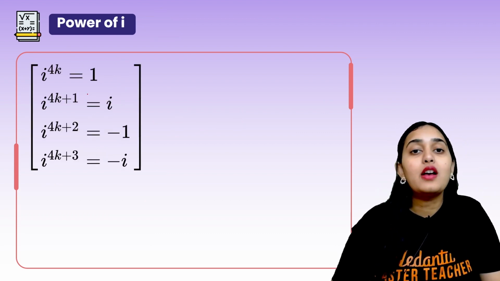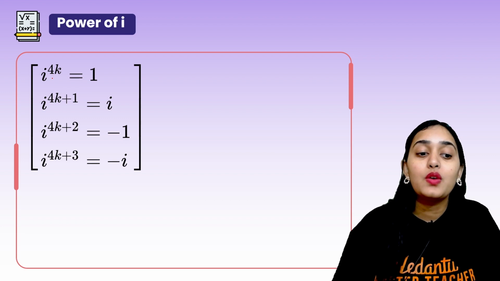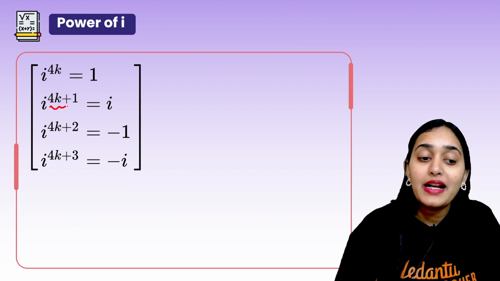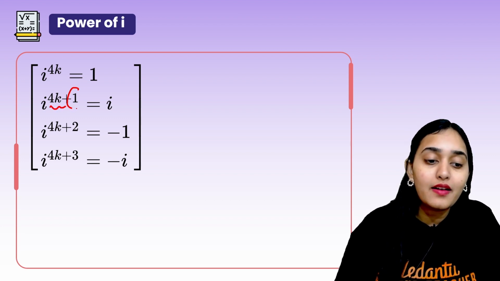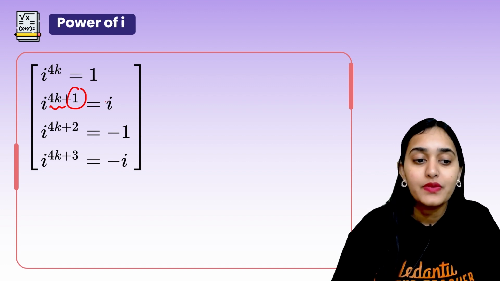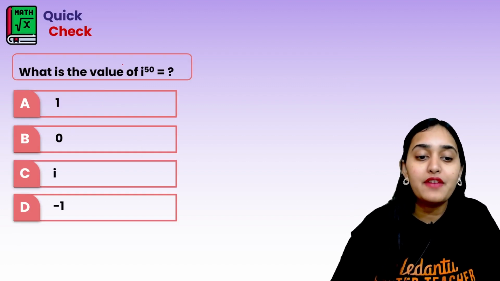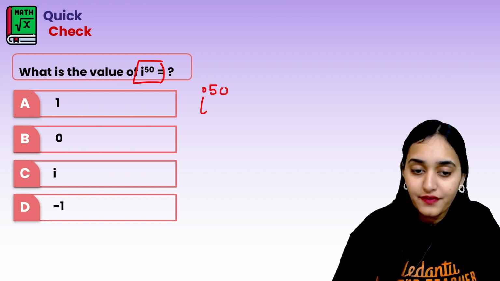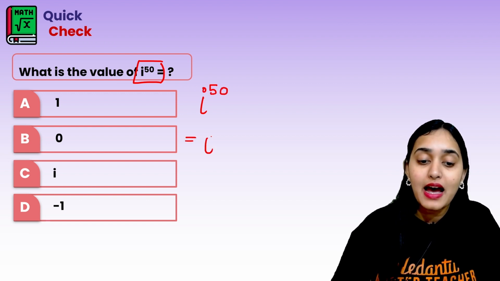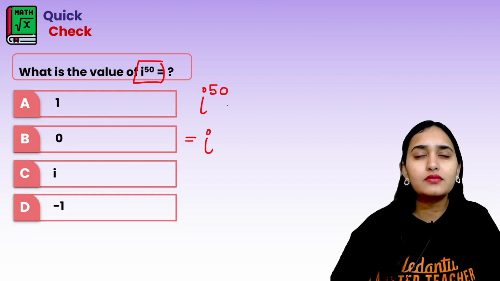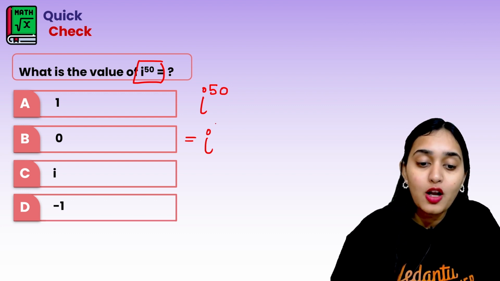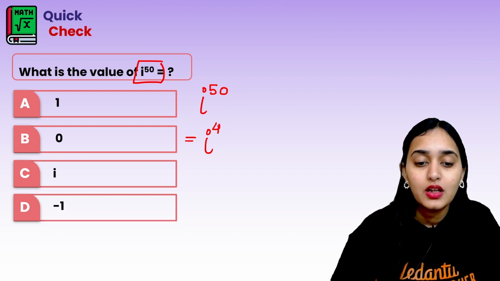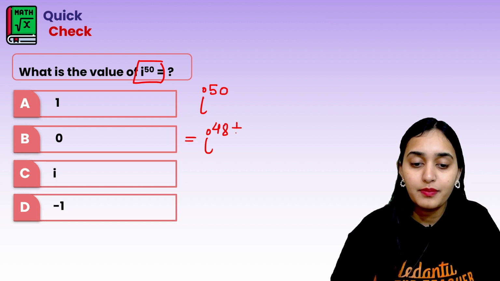Now, these rules are important. Why? Because if you have any power, you can convert it to a multiple of 4 and then the remaining part will give you the answer. For example, if you have i to the power 50, it can be written as i to the power 48 plus 2.